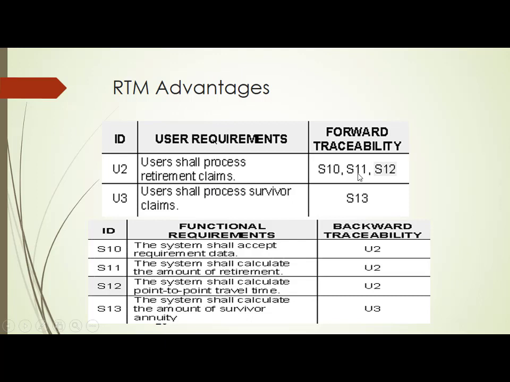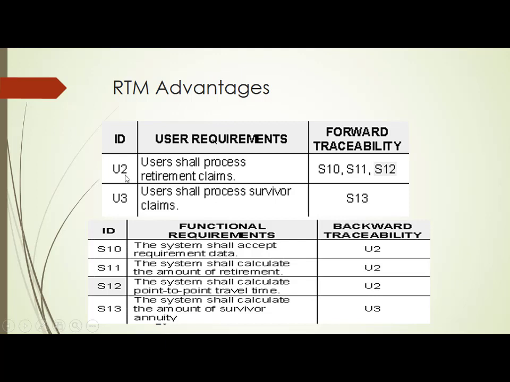S10, S11 and S12. What is the meaning of retirement claim? Retirement claim means the system shall accept requirement data, the system shall calculate the amount of retirement, and the system shall calculate the point-to-point travel time. All these things put together become the requirement of the user.